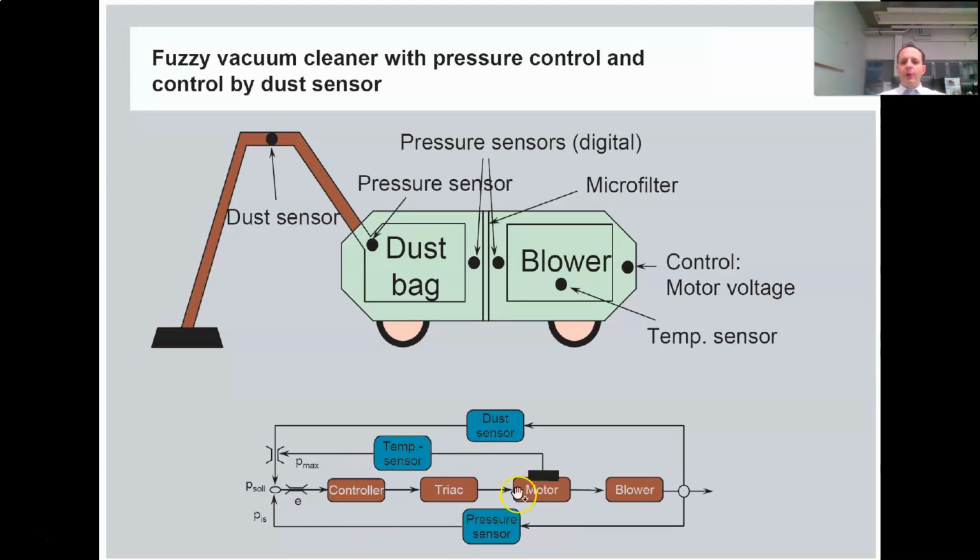So you have a motor. Of course, the motor is actuated by a triac and a controller. The motor is actuating the blower.